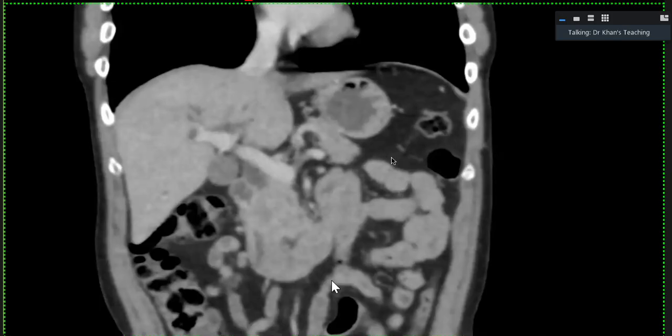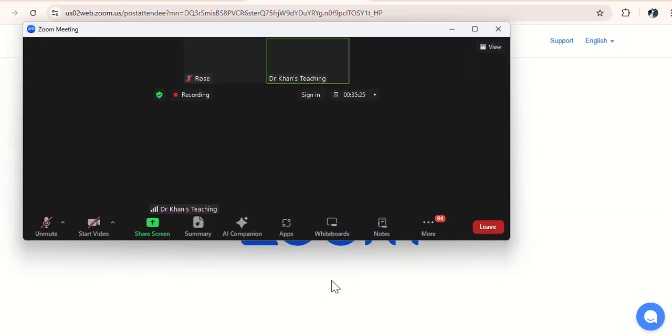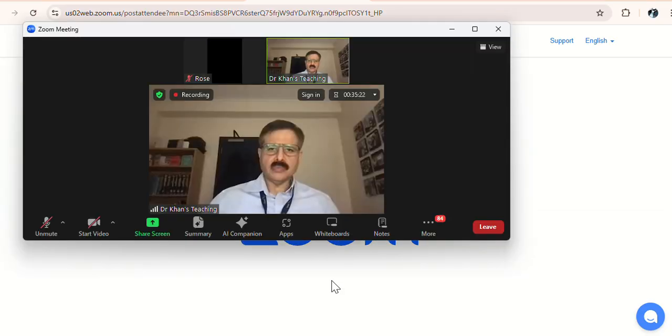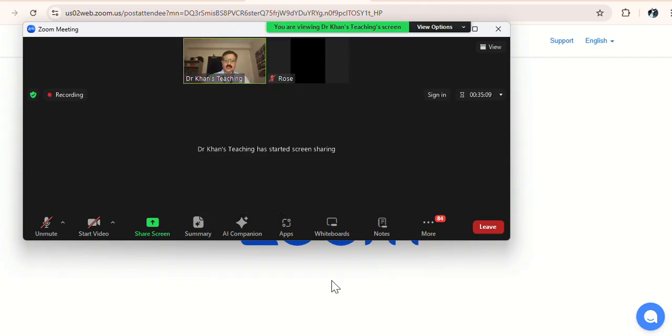So your first case is, just 1 second, please. A&E case, acute abdomen.